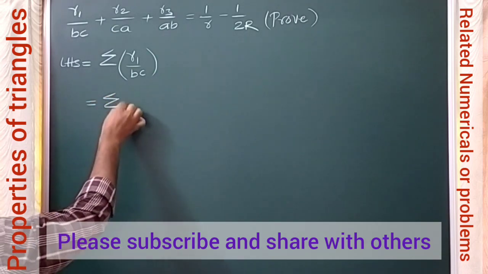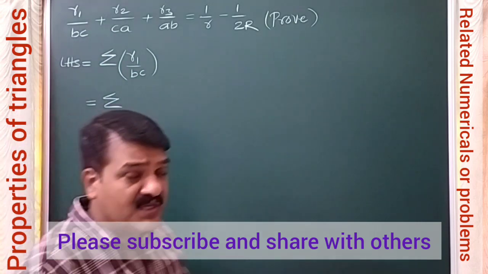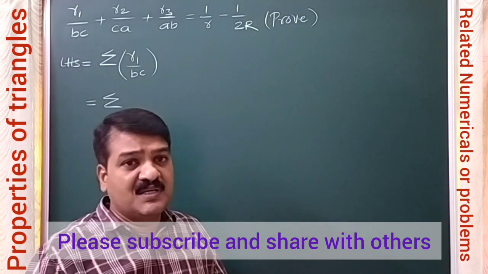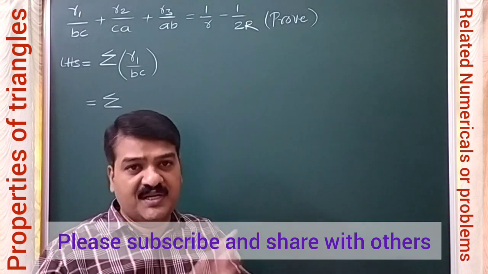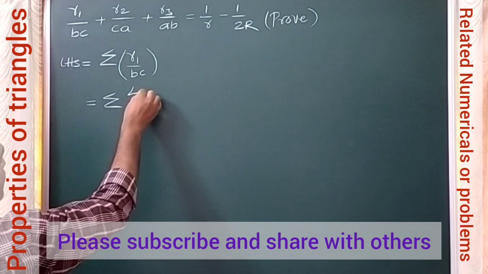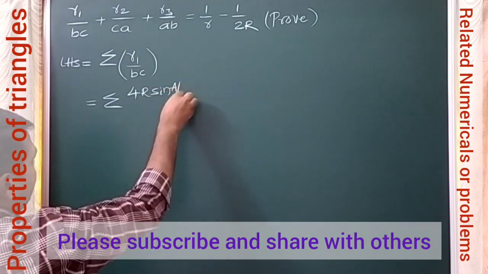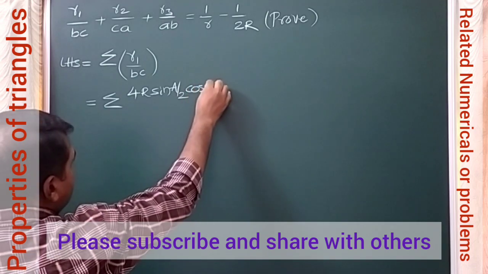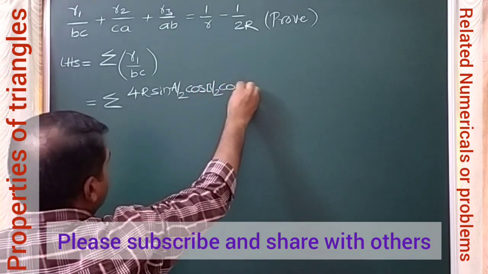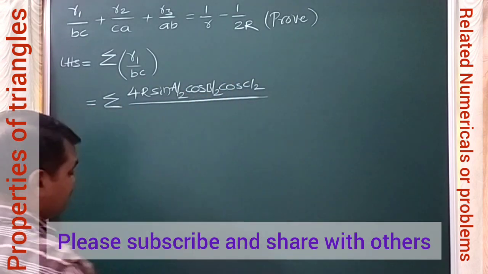So what is r1? r1 is the exradius of the excircle opposite to vertex A. And what is the formula for r1? Formula for r1 is 4R sin A by 2 cos B by 2 cos C by 2.